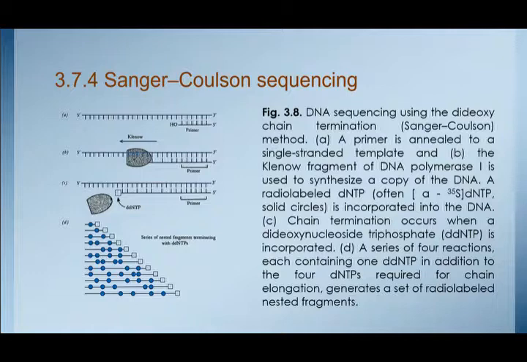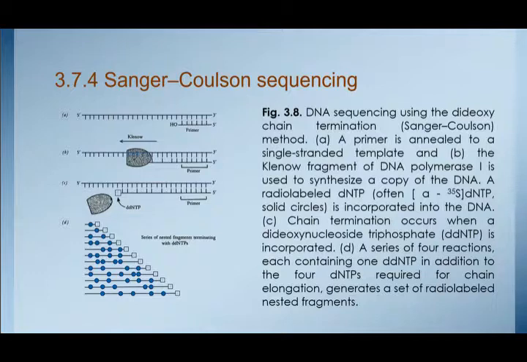Such modified dNTPs are known as dideoxynucleoside 5'-triphosphates, or ddNTPs. The four ddNTPs A, G, T, and C are included in a series of four reactions, each of which contains the four normal dNTPs.